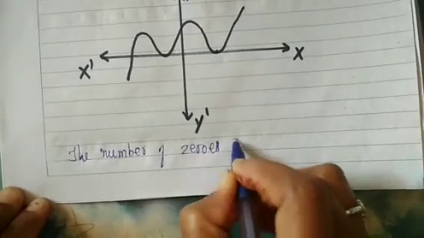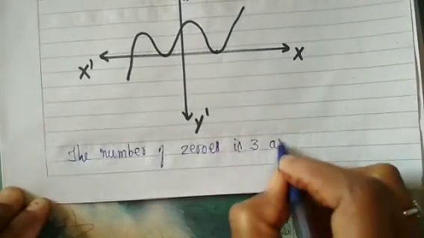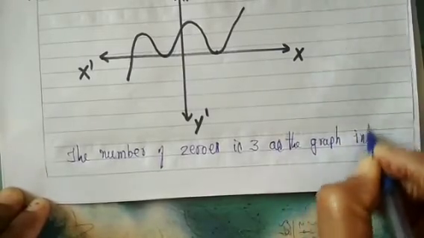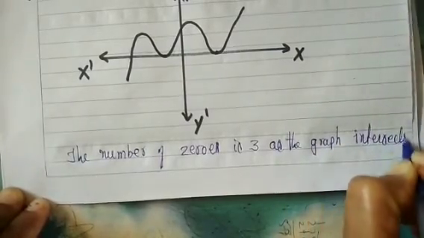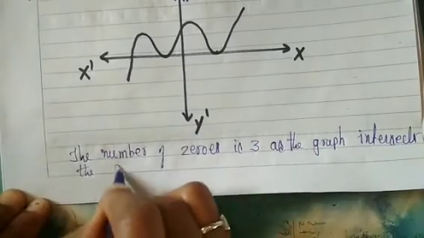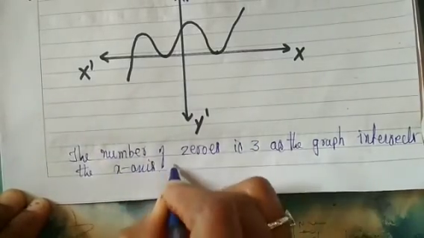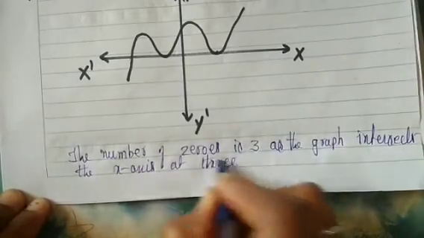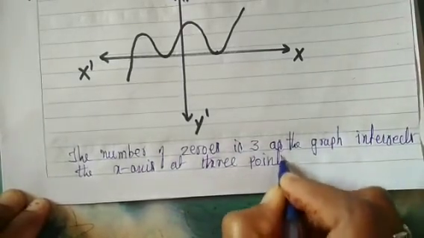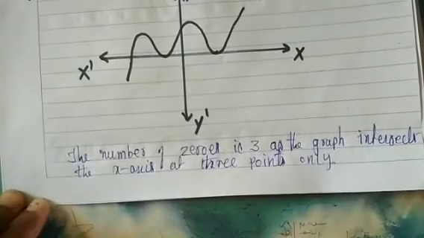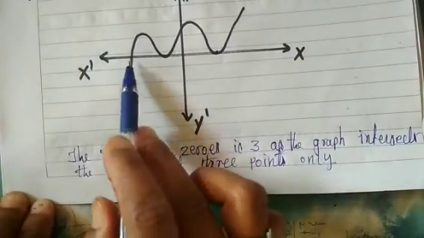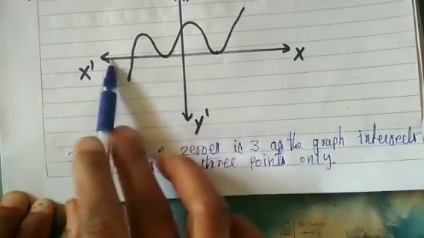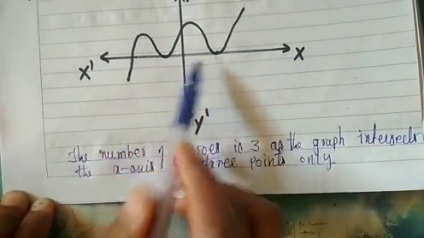Once again, the number of zeros is 3 as the graph intersects the x-axis at 3 points only.